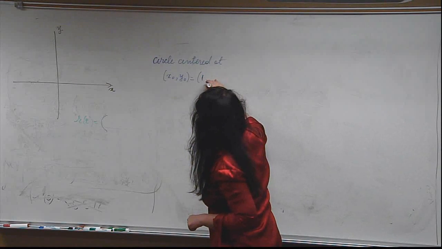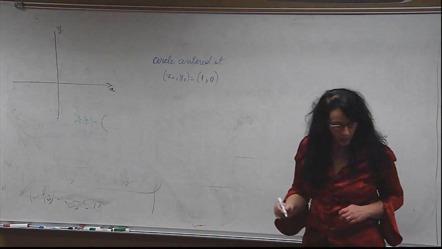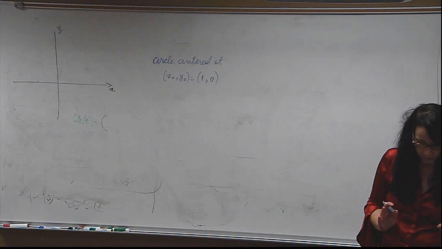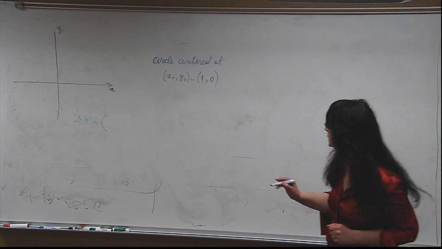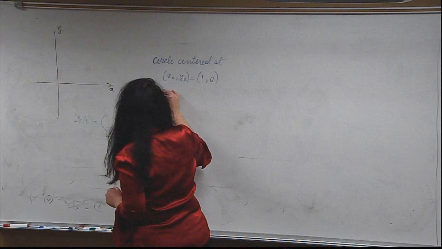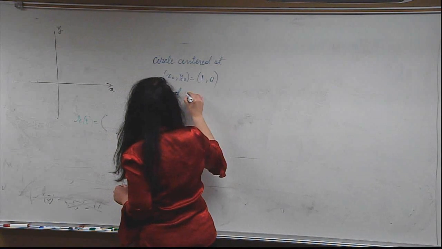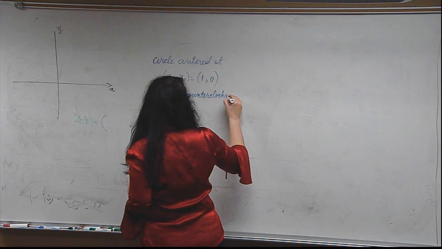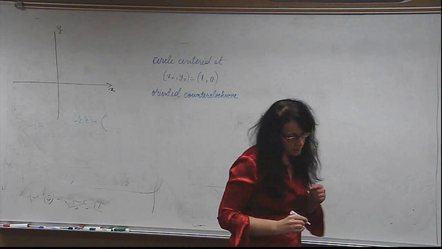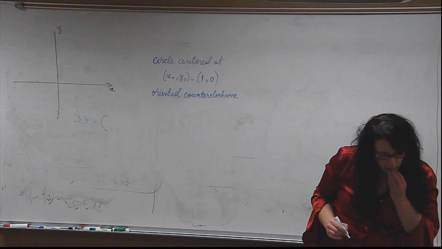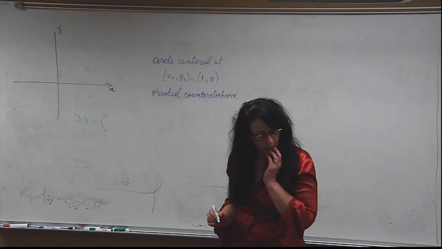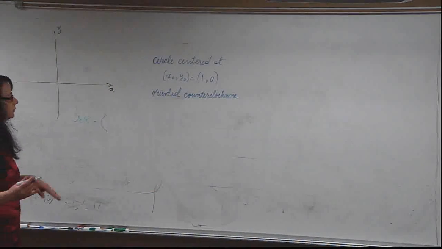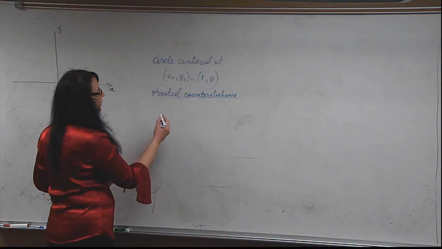And let's say 1, 0. And it's the same type of problem, right? Oriented counterclockwise. That's important. So Ryan, you have circle radius 7. I think people could have any other, because sometimes you get a random assignment.